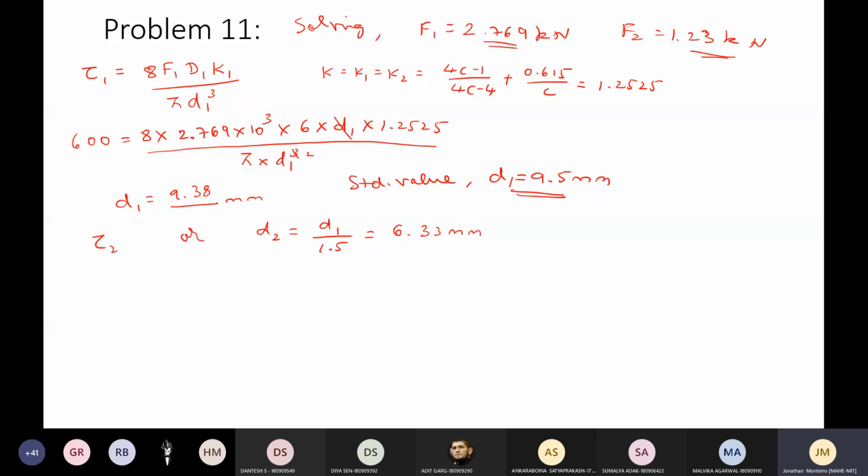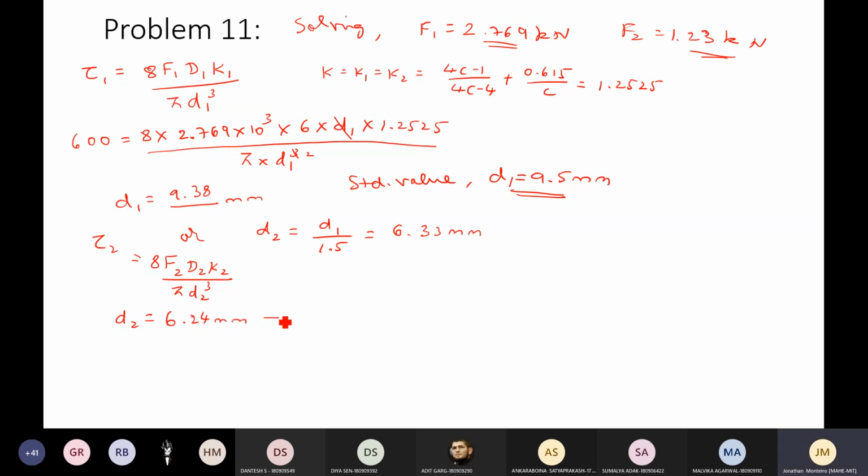Here, standard value. But if you take tau, you'll get a slightly varied value here. You see, 8 F2 D2 K2 by pi D2 cube. If you do that in a similar way, maybe your D2 should be around 6.24 something.